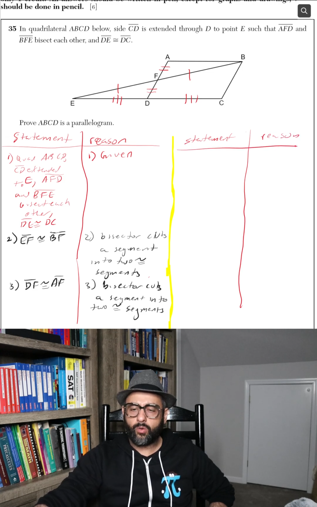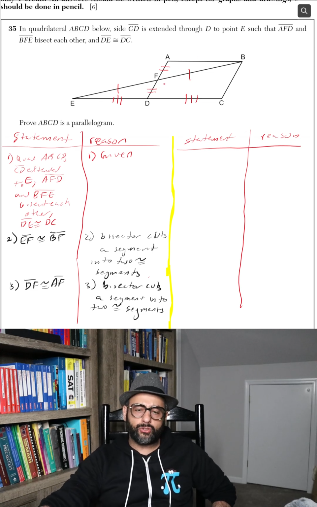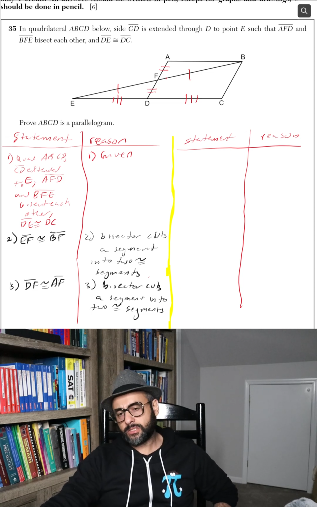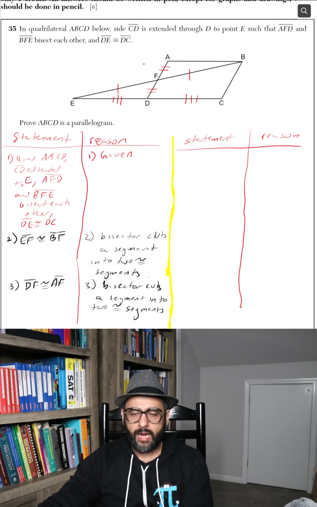And now I have, in those 2 triangles on top and on bottom, 2 pairs of sides congruent. Now, let's see. I have this pair of angles congruent because vertical angles are congruent.